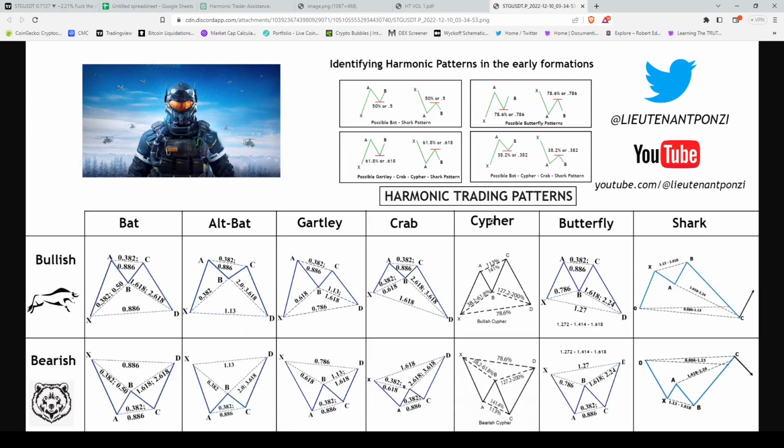You're going to have 7 structures pretty much, give or take, if you add the deep crab in here. But we're focusing on the bat right now, and each structure has a bullish one and a bearish one. So it's the same exact ratios, just flipped upside down. The bullish one is M-shaped, bearish is always W-shaped.